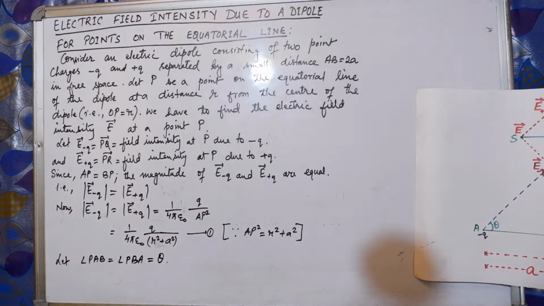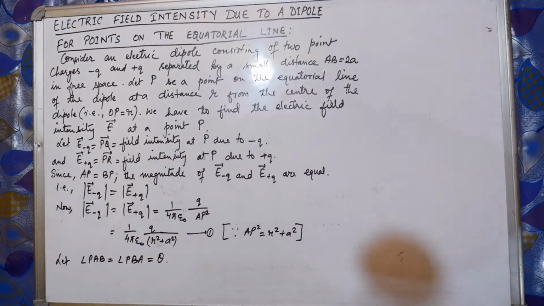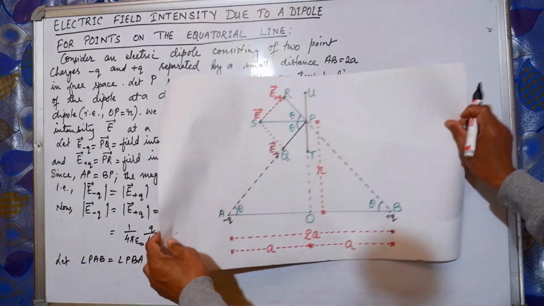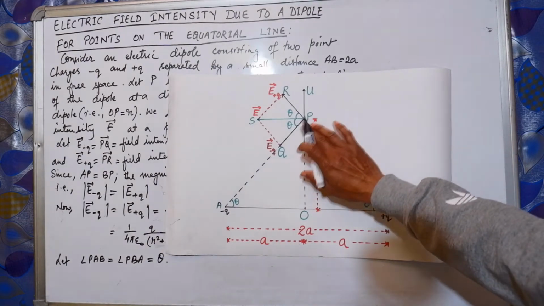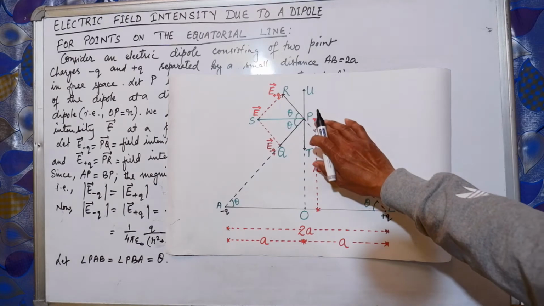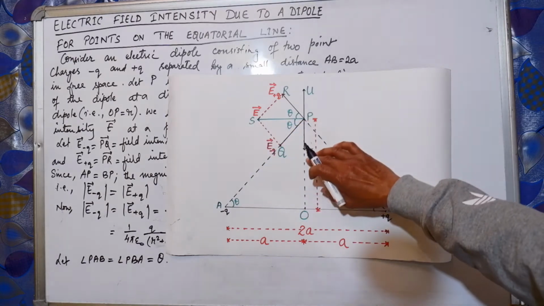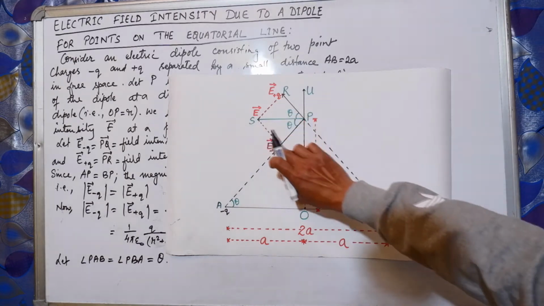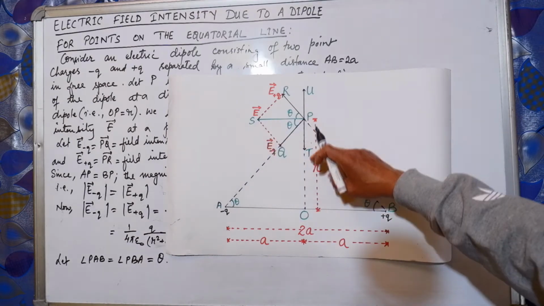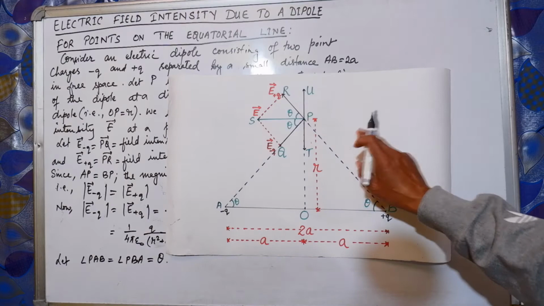As we have seen in this diagram, the electric field E minus Q can be resolved into two components, one along PS and another along PT. The one along PS will be E minus Q cos theta, and the one along PT will be E minus Q sin theta.